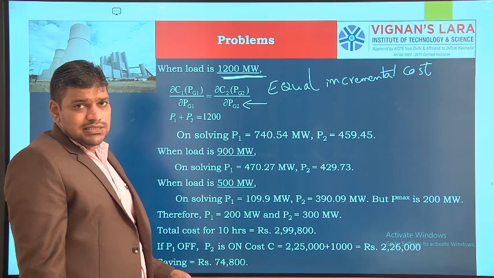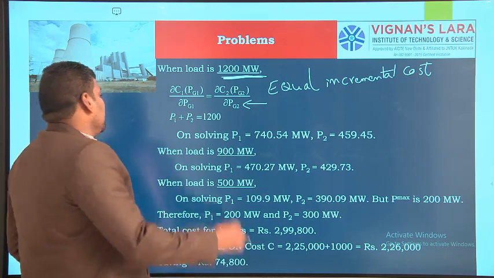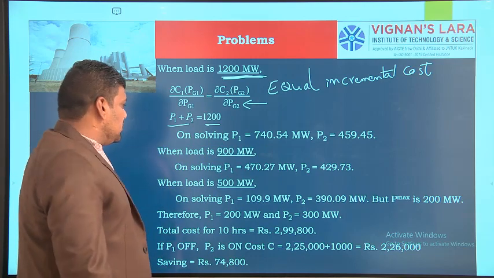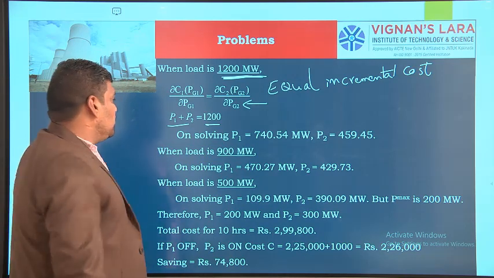And then the total generation must be equal to the demand. The total generation P1 plus P2 is equal to demand.